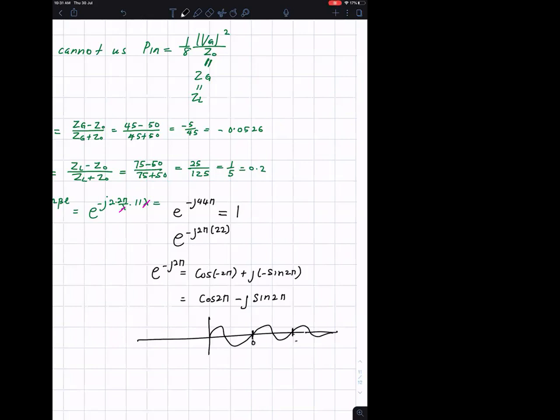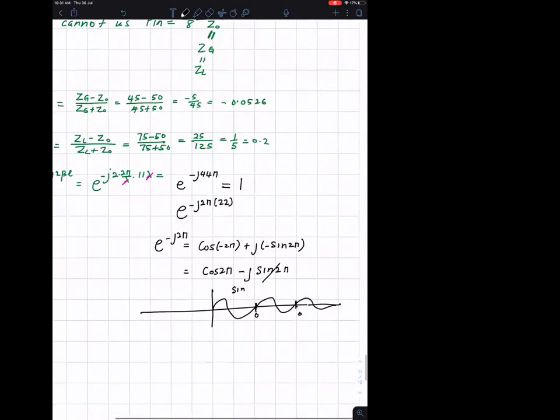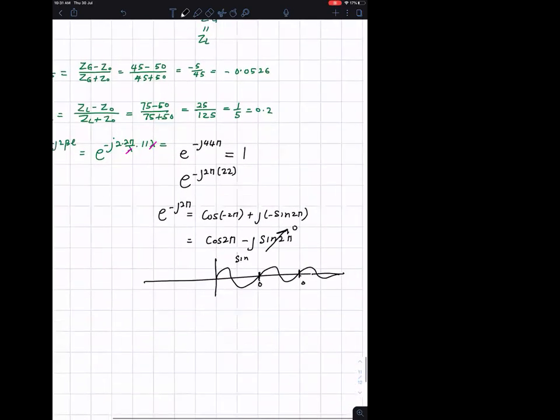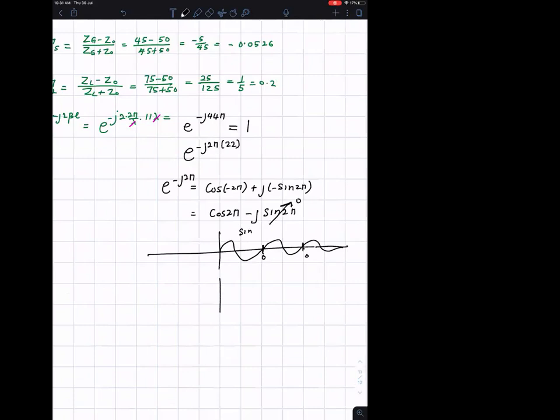It's 0 here, and this is the sine. So this part here is 0. Then cosine 2 pi, if you sketch this, you'll see that cosine, this is 0 here, right? And then cosine from here to here is 1 period, 2 pi.